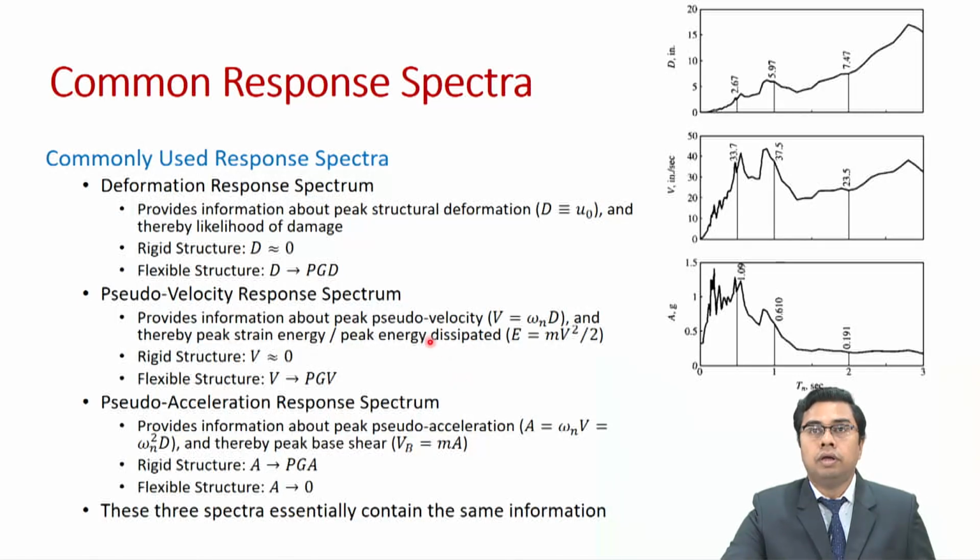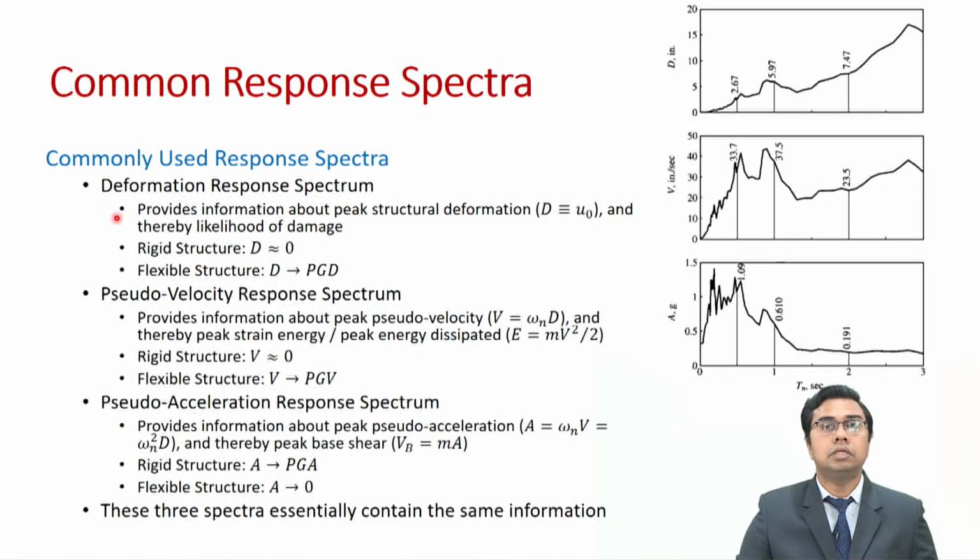So, these three response spectra D, V and A are the most commonly used response spectra in our seismic design. Why are they important? Let us try to understand. The deformation response spectrum gives us information about the peak structural deformation, and which represents the likelihood of damage.